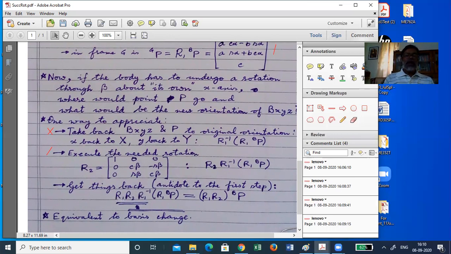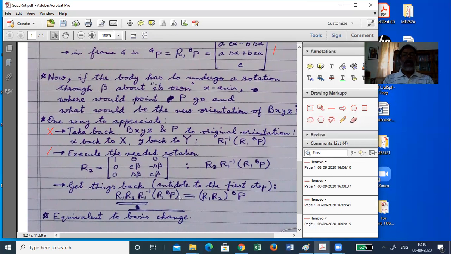You give it an R2 rotation when the R2 rotation has to be seen in the R1 basis. R1 is the frame of reference, where the body B is in the original first-time rotated configuration. And through that transformation, you have to subject this point.